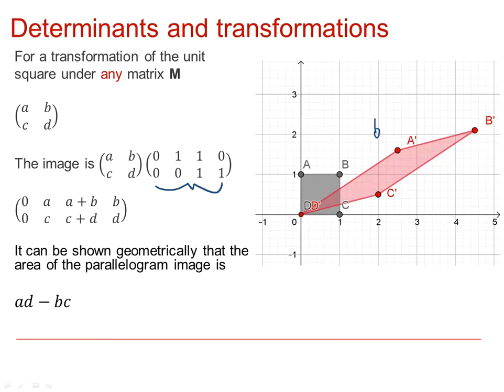You can check quite easily that that produces this matrix, as on the diagram, and that the area of the parallelogram is ad minus bc. But that is exactly the same expression as the determinant of the matrix M. So the determinant of M must be equal to the area scale factor of the transformation.